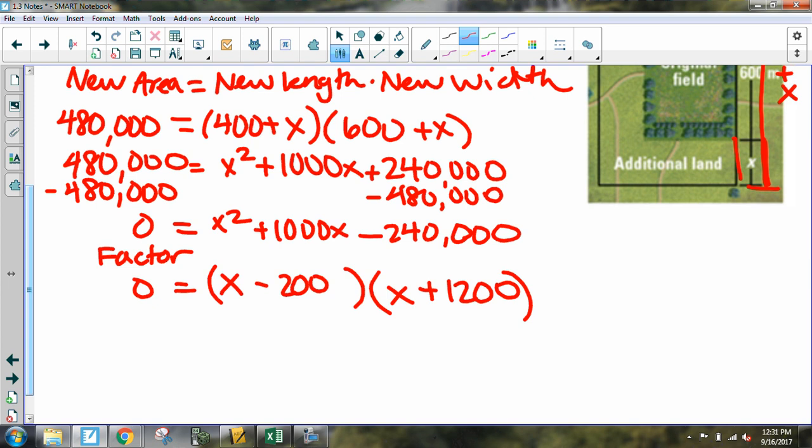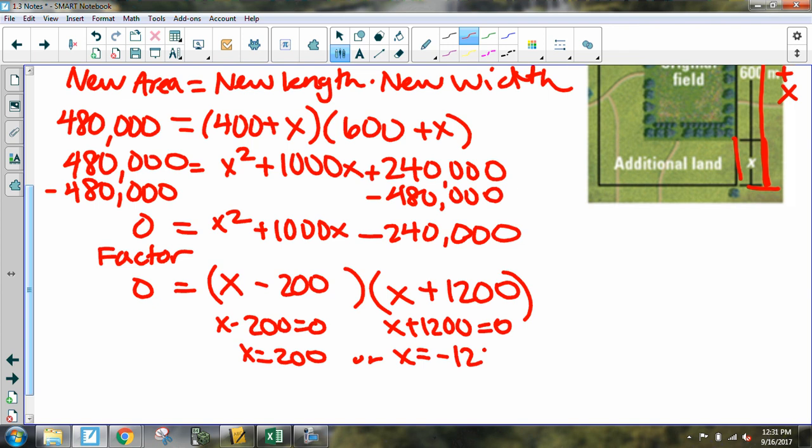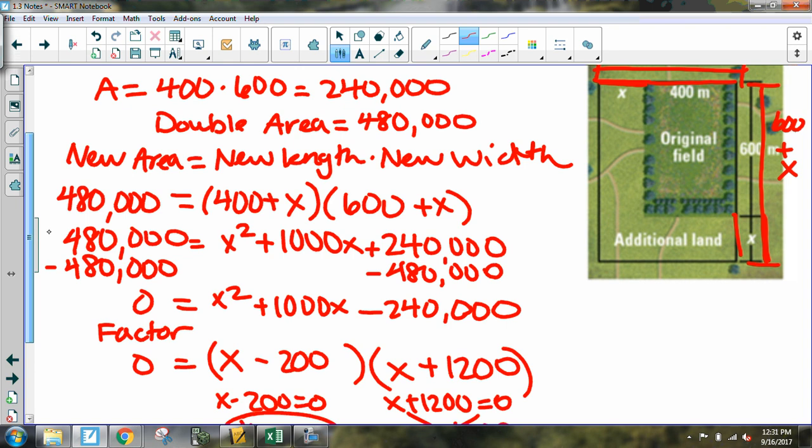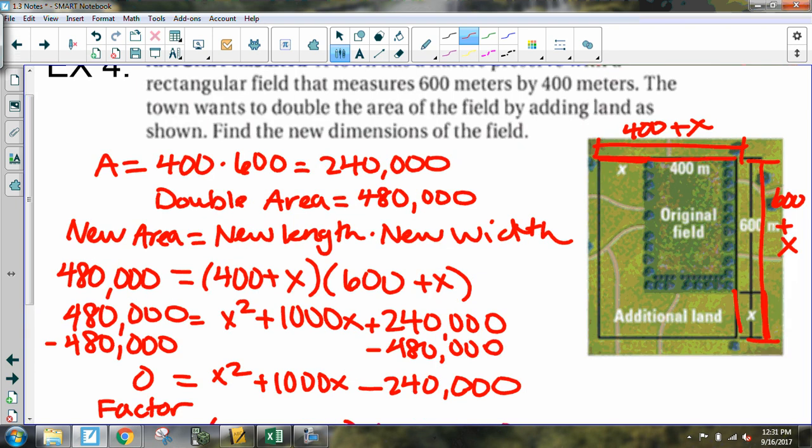Okay, then you set each factor equal to 0. So x is going to equal 200, or x equals a negative 1200. Well, if we're going to add a new area, it doesn't make sense to have a negative amount. So this is our new amount. So we're adding 200 to both the length and the width.